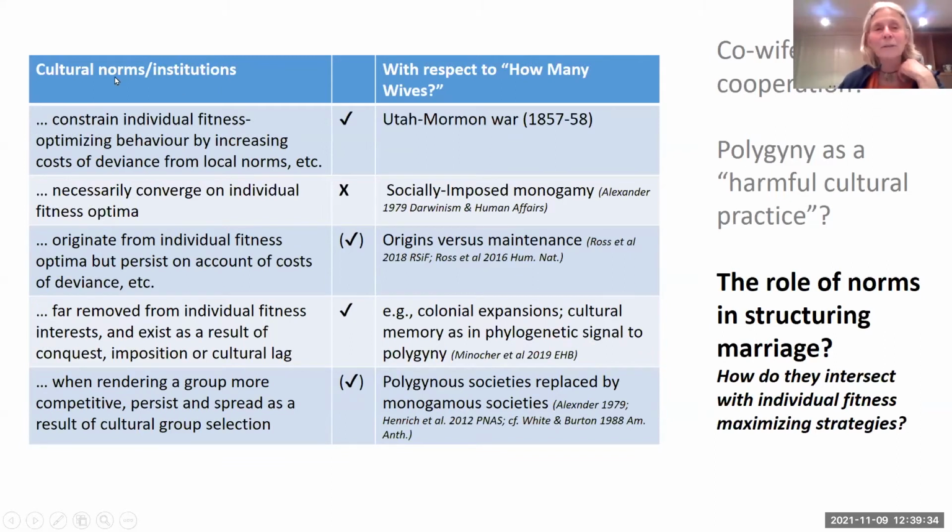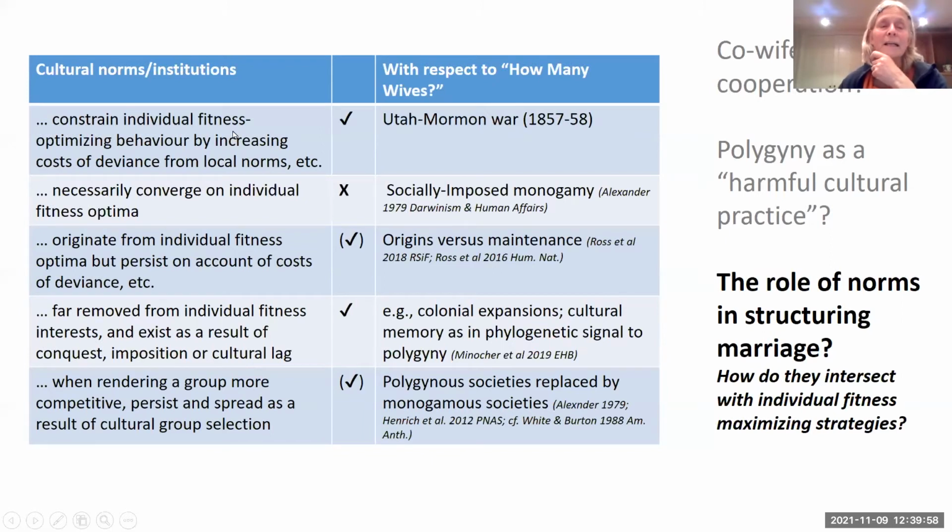I obviously can't go into all the issues here, but what I've just tried to do to finish up is delineate some different kinds of positions with respect to how many wives, the question here. So one position is that norms constrain individual fitness optimizing behavior by increasing the costs of deviance from local norms.